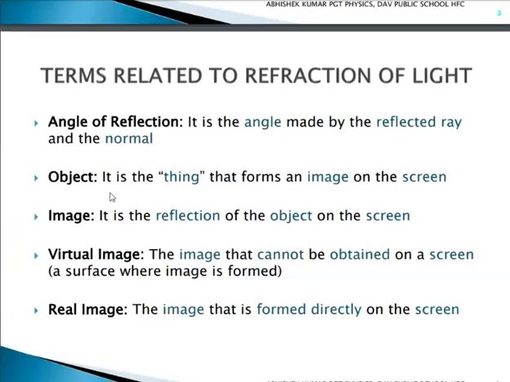So there must be a source of light and an object in the space, and there must be an eye to observe that object.